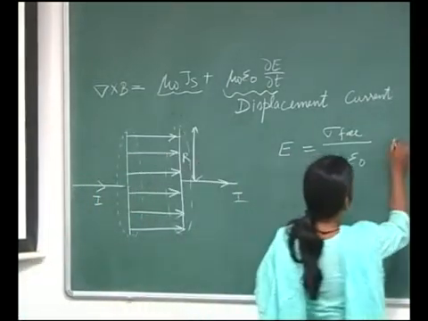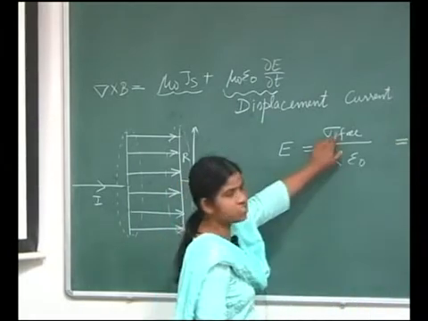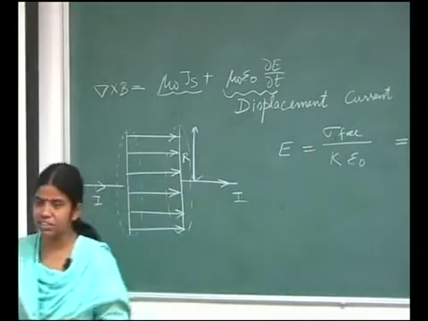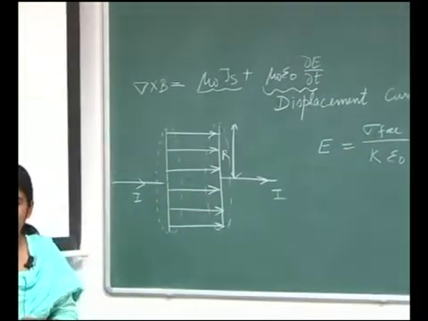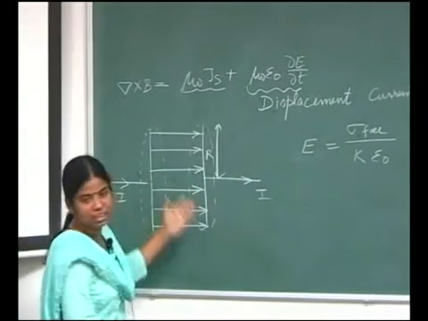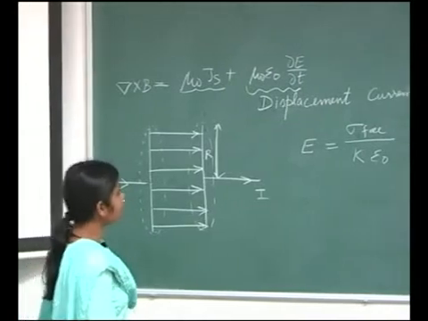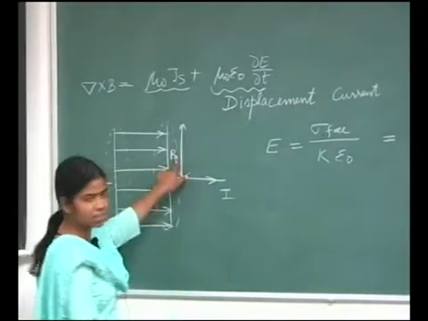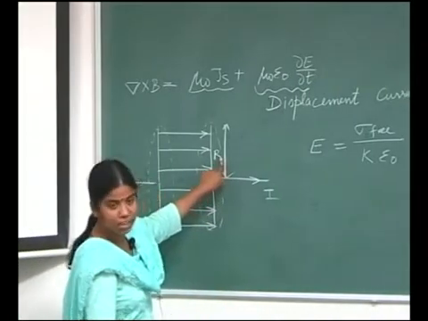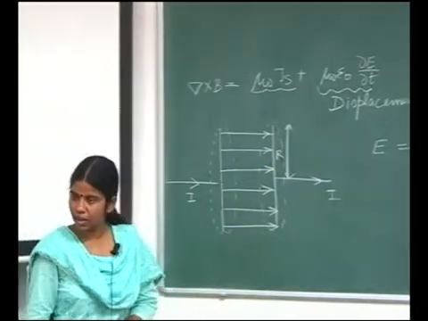So, sigma free is the surface charge density due to the free charge which is causing this electric field. Okay. So, I can say here that if the radius is R, then sigma free is basically q upon the area of the plate.